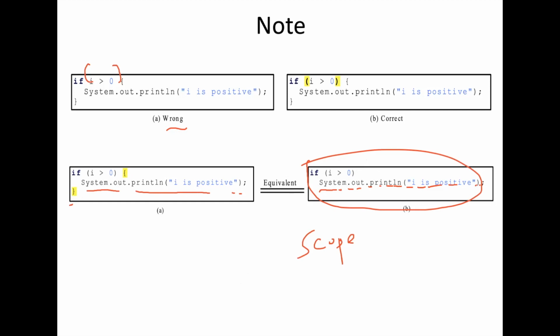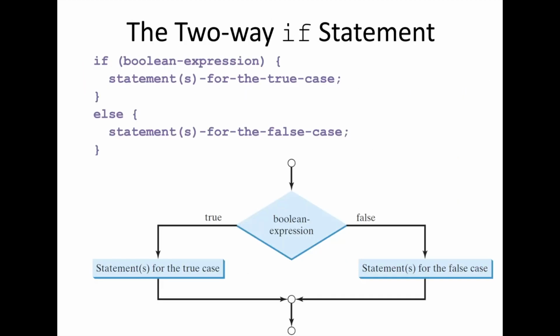Let's look at some more examples. This is an if-else statement. An if-else statement executes one block of code if the condition is true, and another block if the condition is false. So this is a decision tree for the two-way if. As a best practice, you'll always include the scope, curly braces, regardless of whether you're talking about the true or false conditions.